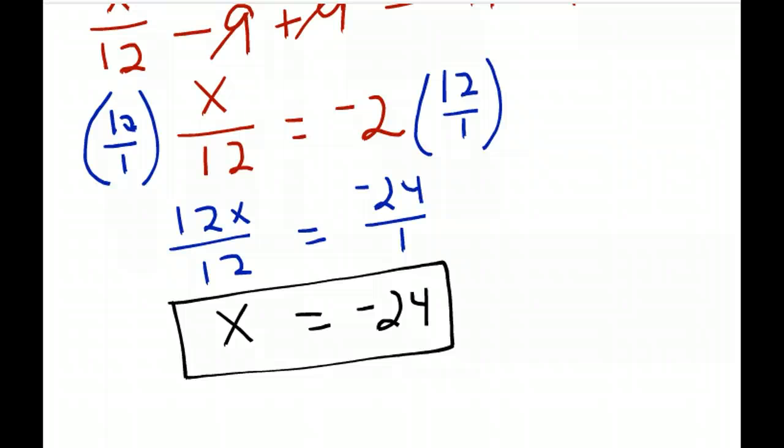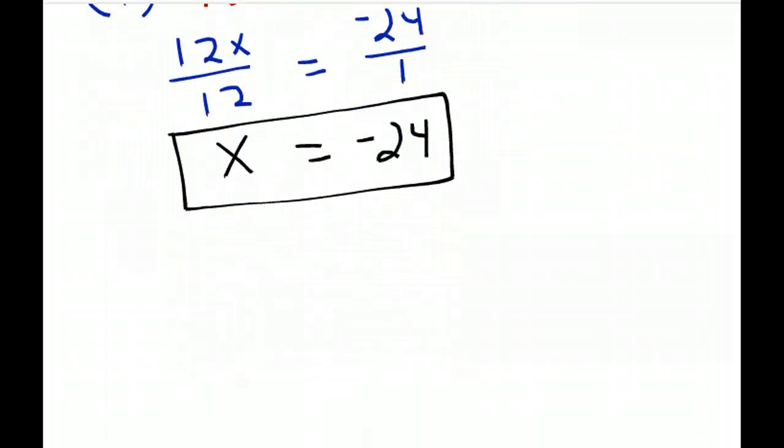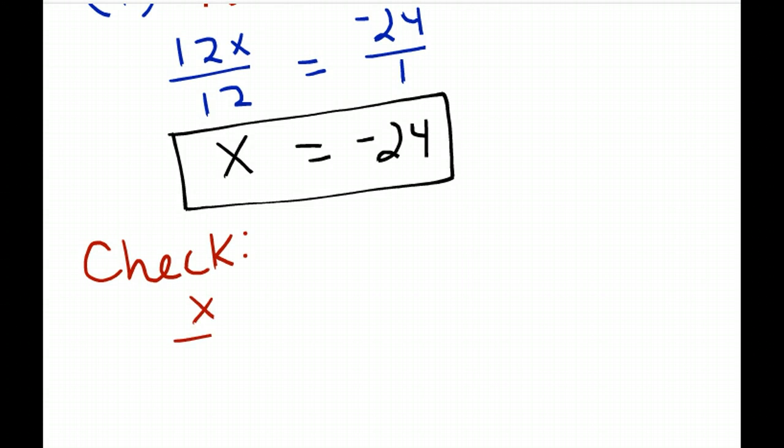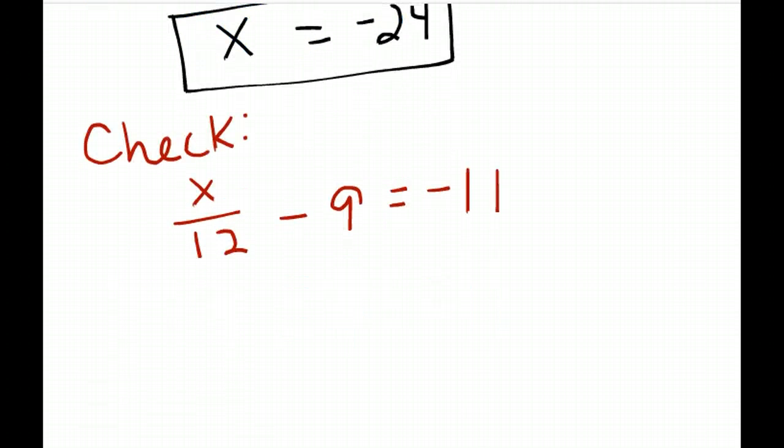Okay, let's do our check. Go back to the original problem. x over 12 minus 9 equals negative 11. Now we're going to put the negative 24 where x is. So it becomes negative 24 over 12 minus 9.